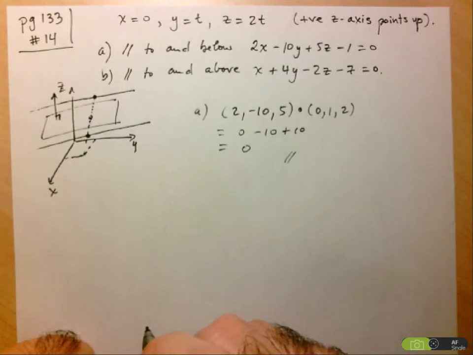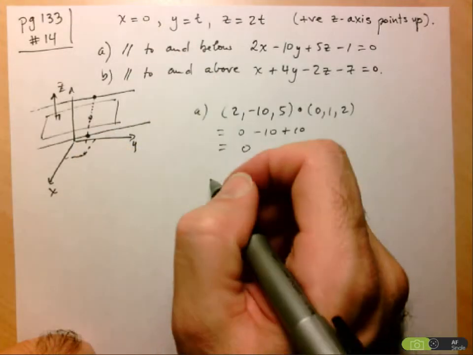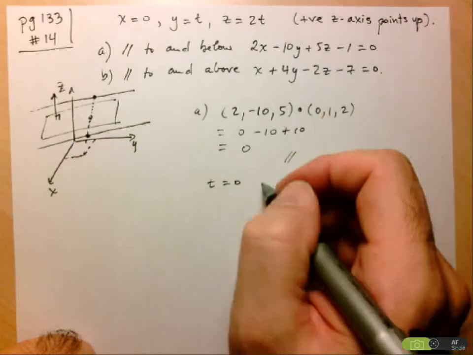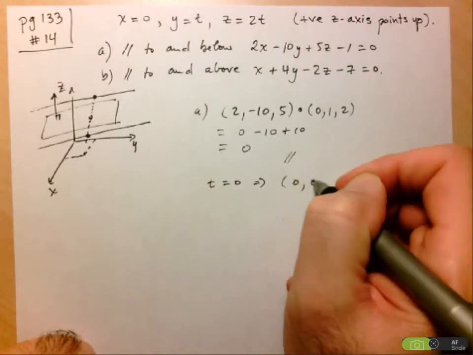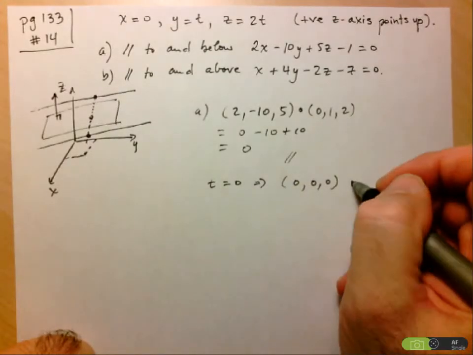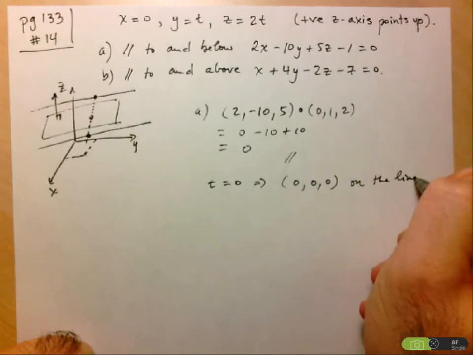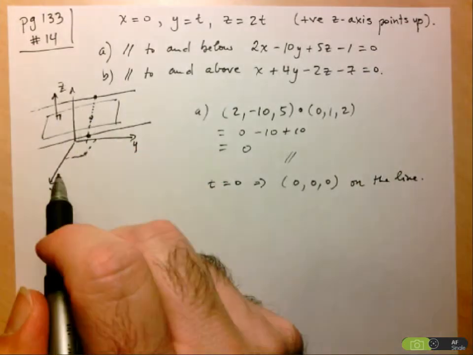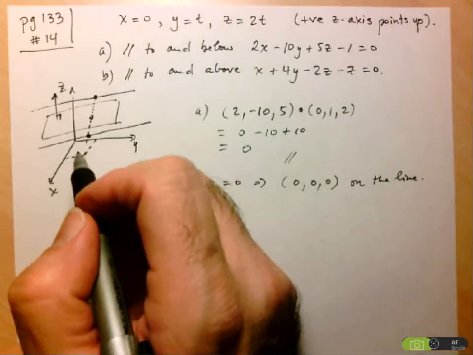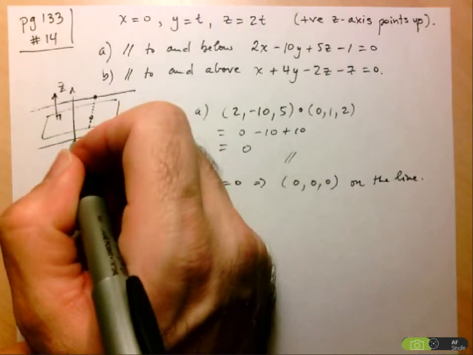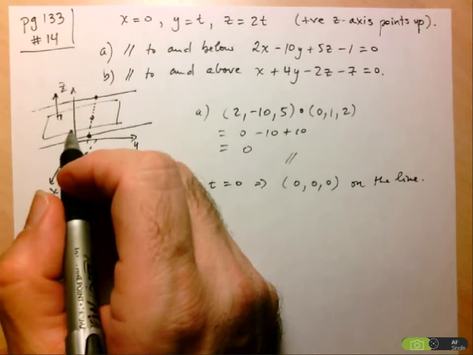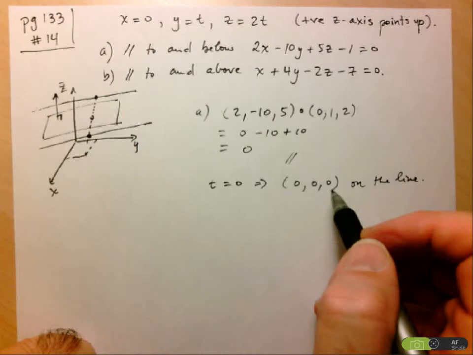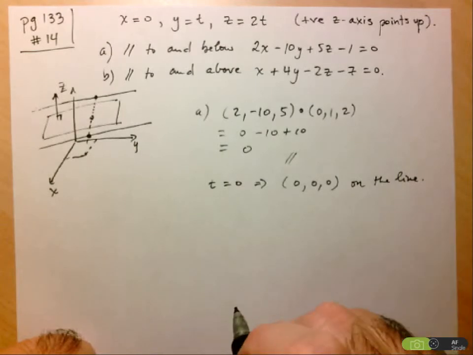Okay, now let's figure out which point we're going to focus on. I notice that if I choose t equals 0, the point that comes about is in fact (0, 0, 0). So this point is on the line. As I talked about before, for this given x and y value, which in this case happens to be 0, 0, I'm going to see how the z value on the plane compares to the z value on the line, which in this case is also 0.